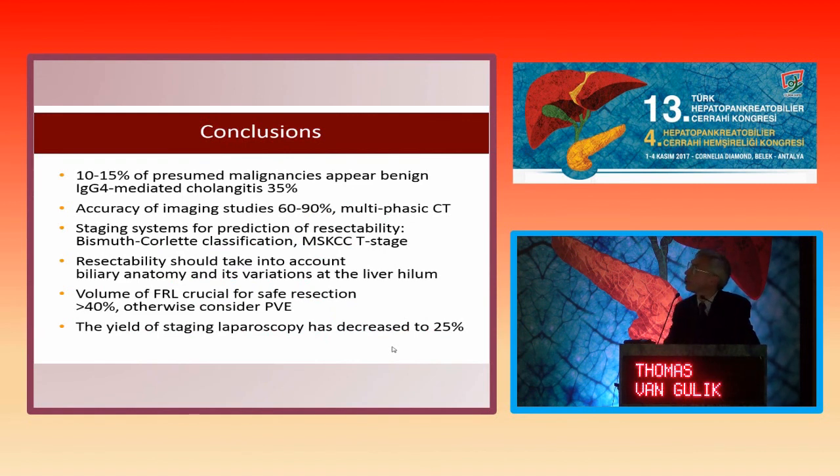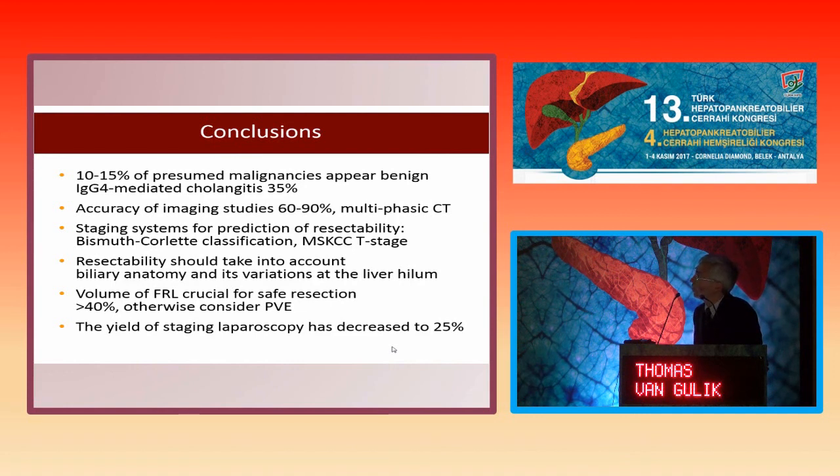Well, in conclusion, I think the most important points I would like to give you is that when we operate on these patients, we have to realize that 10-15% don't actually have cancer, and a proportion might have this IgG4-mediated cholangitis, just to be aware of. The accuracy of imaging studies is about 60 to 90%, probably can improve with MRI.